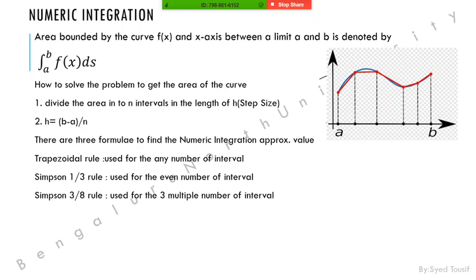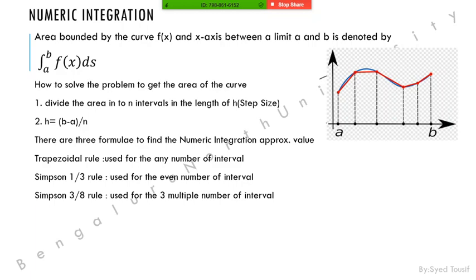Another is the Simpson one-third rule, used for an even number of intervals, for example 2, 4, 6. If the number of intervals is even, we use the Simpson one-third rule. The Simpson 3/8 rule is used if the number of intervals is a multiple of 3, for example 3, 6, 9, 12, 15.